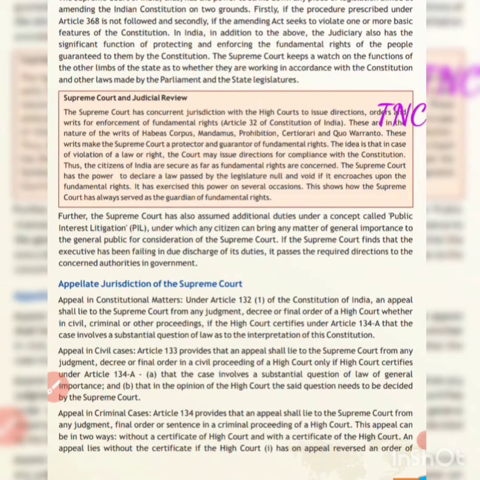I think I have told you in the previous videos, when you read those reading comprehensions, you read one line and then interpret what the author is trying to convey.